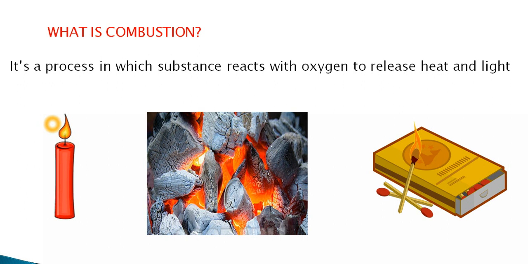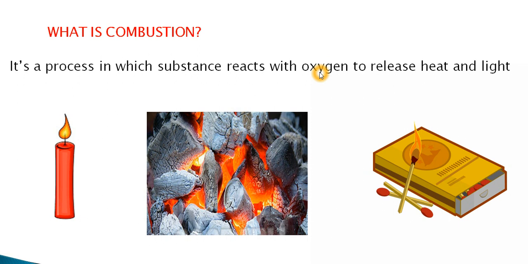Basically, all that is happening is the substance is reacting with oxygen, and after reacting, you can say combustion has taken place. So combustion takes place when oxygen is present in the surroundings. If there is no oxygen, there will be no combustion. So this is combustion, the reacting of a substance with oxygen to release heat and light.